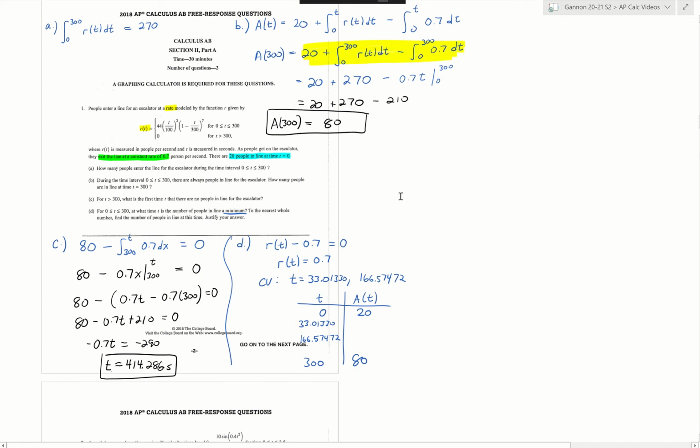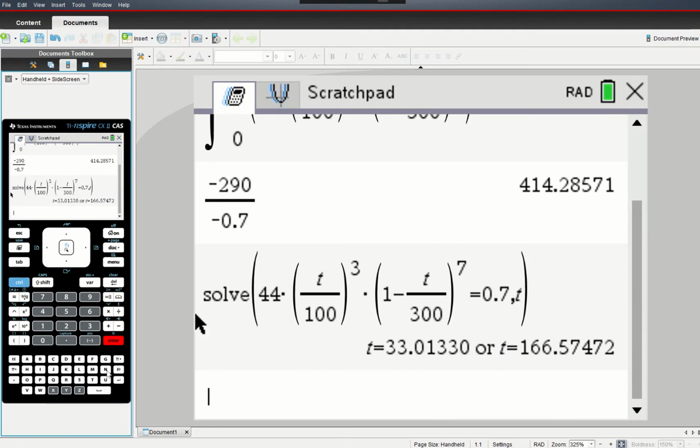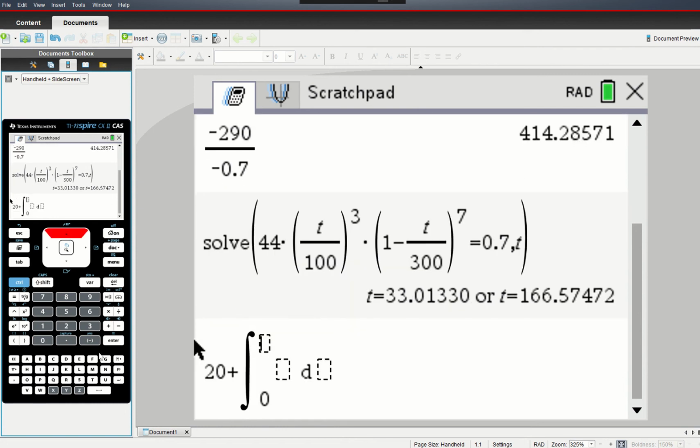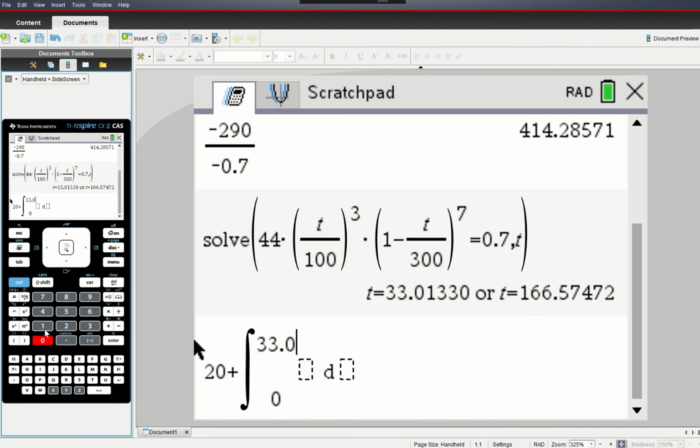So we're going to go ahead and do that on our calculator. All right, so we had 20 plus the integral from 0 to 33.01330. And as you can see, I would have been smart to save that function because I need it again.